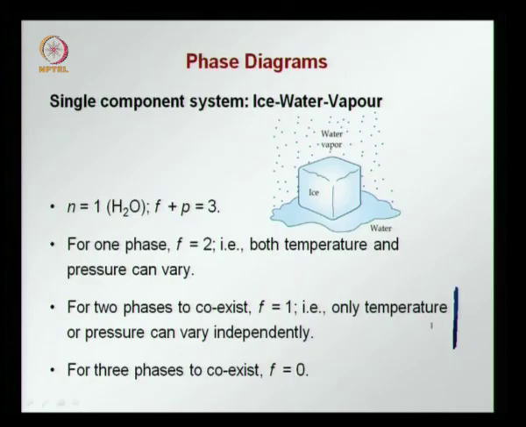If you change temperature, for the two phases to coexist there can be only a certain pressure that goes along with that temperature. For three phases to coexist, that is P is equal to 3, F becomes 0, that is, you cannot change anything. There is only one point where all three phases can coexist, that is what we saw earlier and called the triple point.